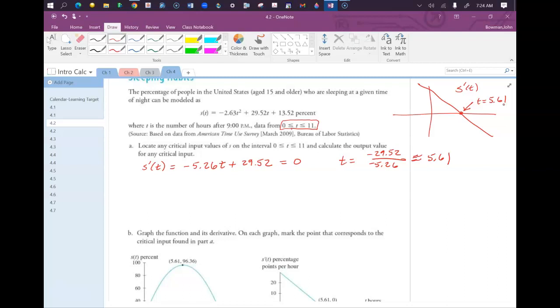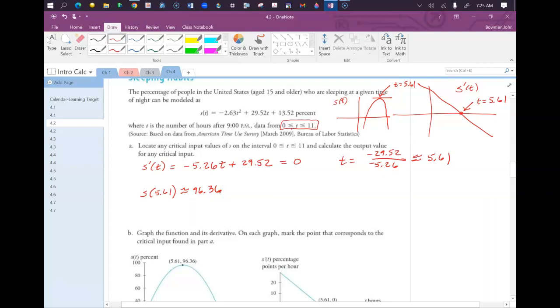Another way you could figure that out from this particular function is s of t is a quadratic that opens down. So at t equal 5.61, we have a relative maximum there. So s of 5.61, you can verify this with your calculator, is approximately 96.36.